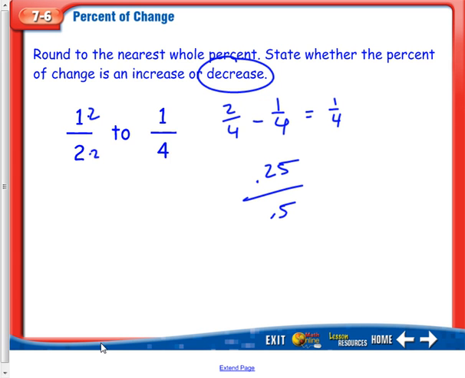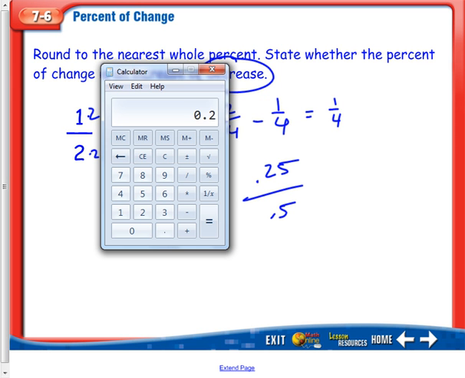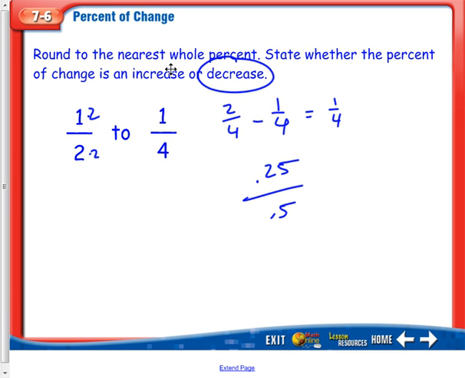What do we get when we do that? Well, 0.25 divided by 0.5 gives us 0.5. Now we got to move it 2 places to the right. So we have a 50% decrease.